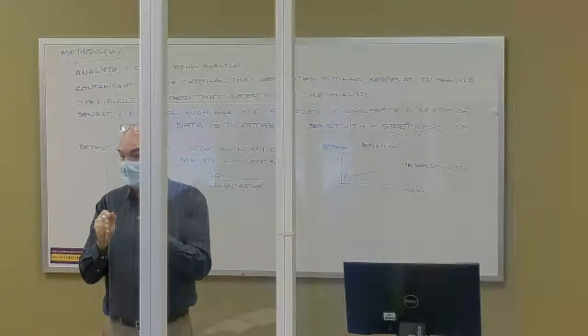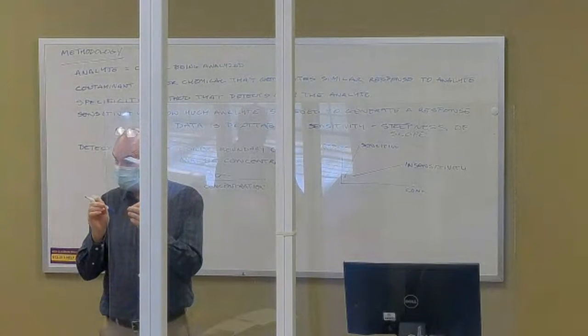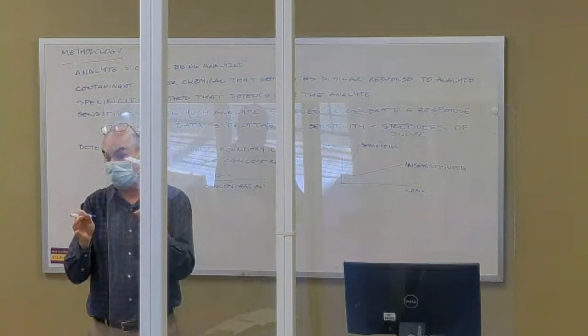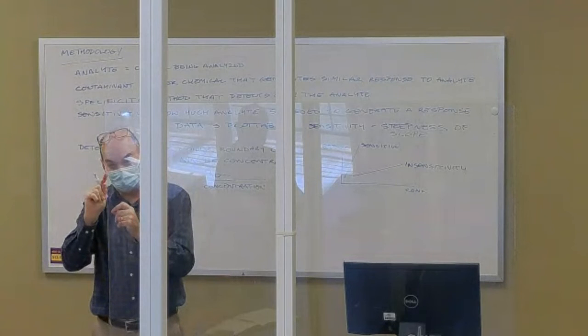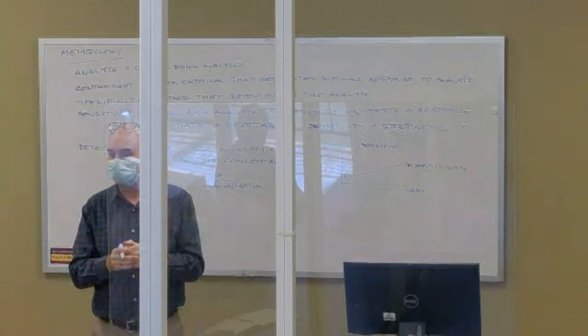Okay? But if I give you this and a blank, and this one shows even a tiny bit of green or pink or whatever color change we're doing, or just a signal, and the blank doesn't give it, then you've got a signal.